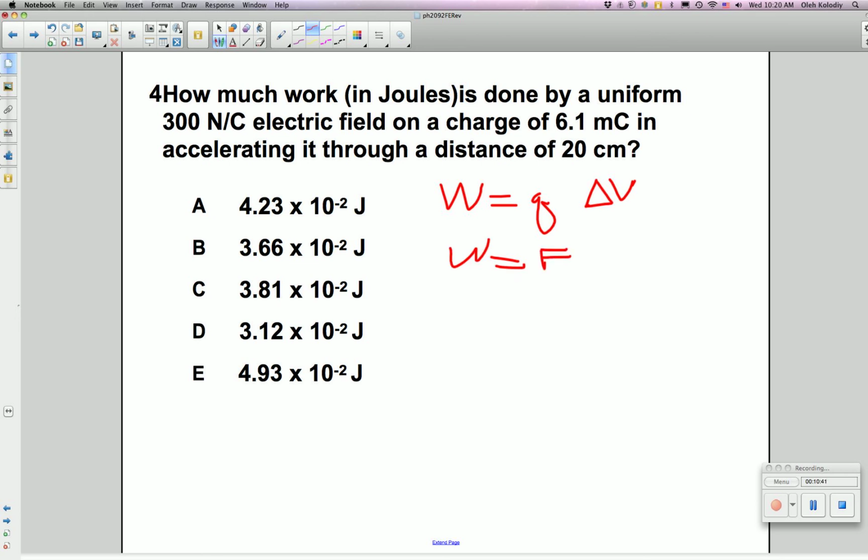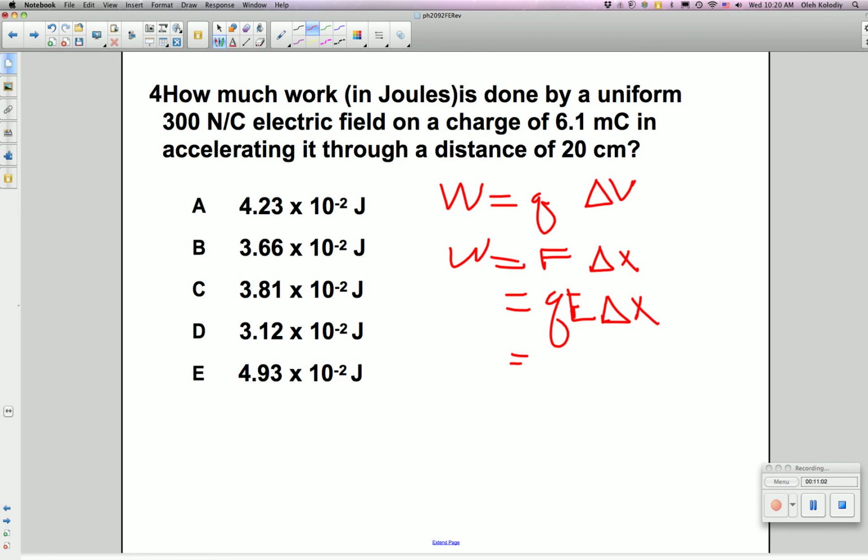So the work is also equal to force times distance. And the force is equal to QE times distance. And so this is the equation we're going to use.